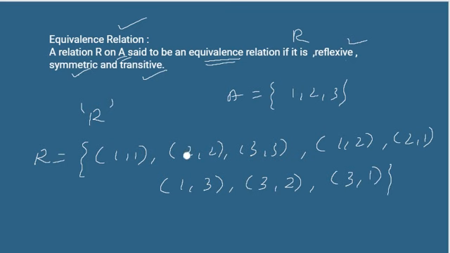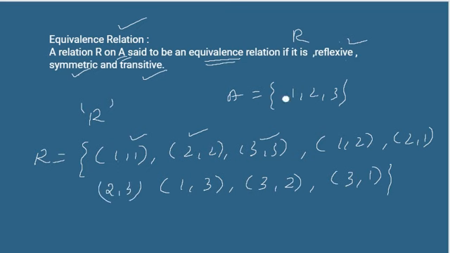Let us check whether it is an equivalence relation. So first of all, A equal to {1, 2, 3}. So yeah, (1, 1) here, (2, 2) here, (3, 3) here. So it is reflexive. What about symmetry? (1, 2), (2, 1). (1, 3), (3, 1). (3, 2). Where is (2, 3)? (2, 3) is not there. So it is not symmetric. So let me include (2, 3) also here.